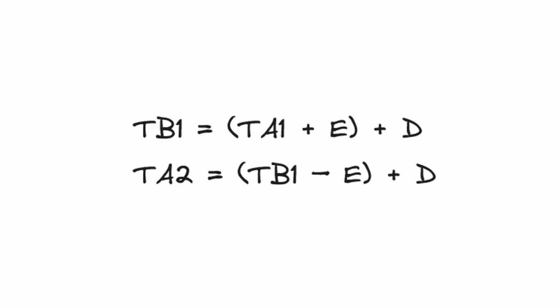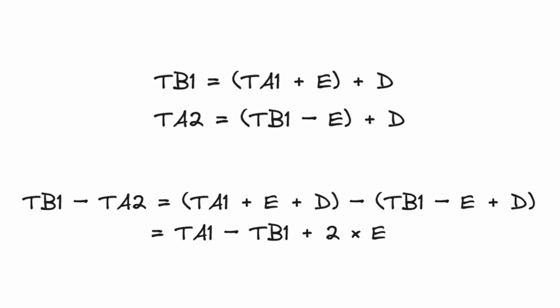When server B records time TB1, the initial message took time D to get from server A to server B, so the first expression: TB1 equals TA1 plus E plus D. Similarly, when server A records time TA2, the reply took time D to get from server B to server A, so TA2 equals TB1 minus E plus D.